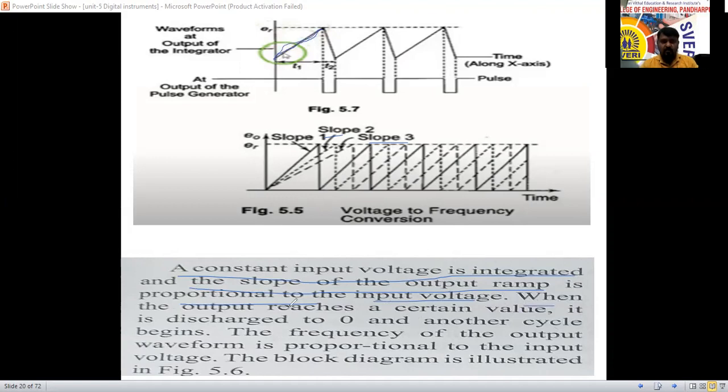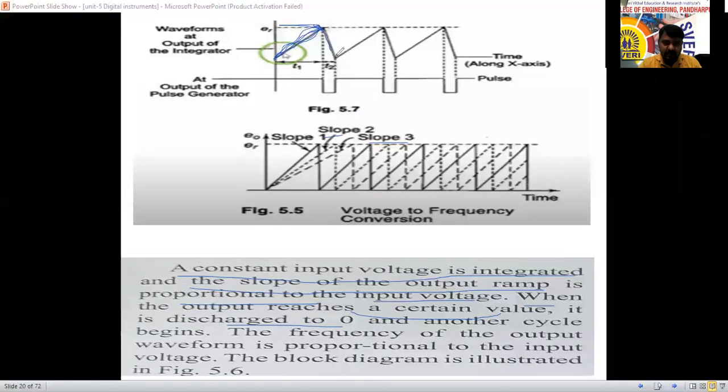When the output reaches a certain value, it is discharged to 0 and another cycle begins.